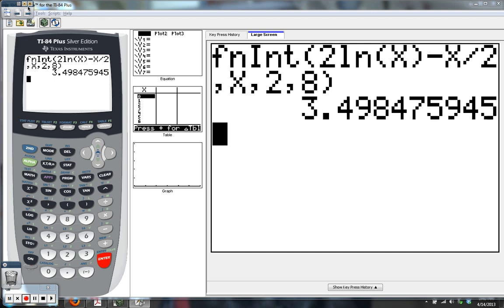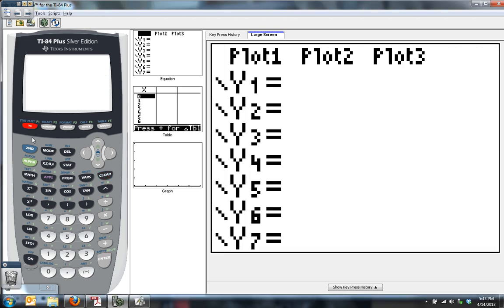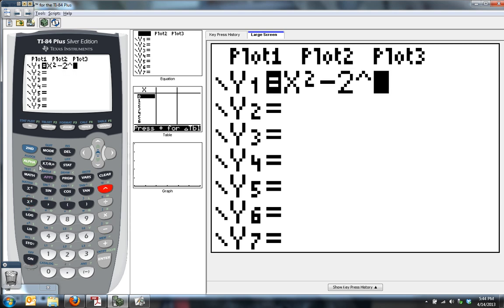So we're going to go to our handy calculator, and we're going to plug in x squared, and I'm going to say minus 2 to the x, and I want to know where that is going to be equal to 0. And so I'm going to change my window.